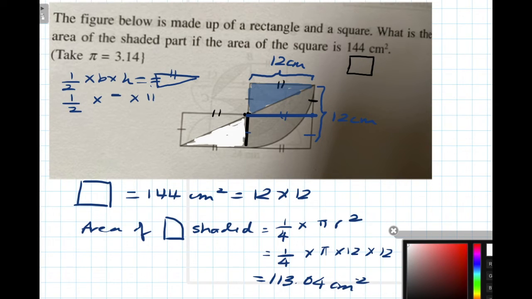So the shaded area is actually 113.04 centimeters squared, which is this portion here, which is the total shaded area. Okay?